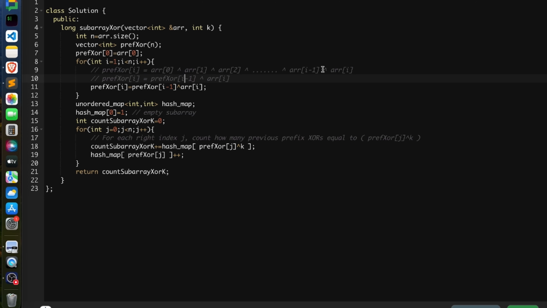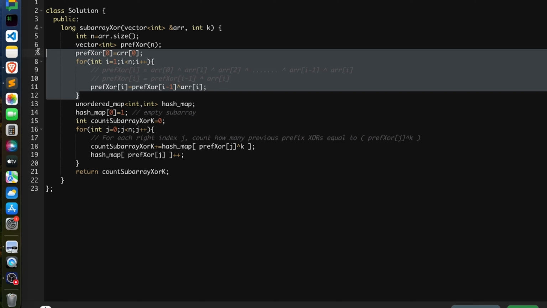If you observe it carefully, what is this? This is nothing but prefix XOR of i minus 1, the XOR of all the numbers from index 0 to i minus 1. That's exactly what I have done here. So prefix XOR of i is nothing but prefix XOR of i minus 1 XOR ARR of i. So till here you have built the prefix XOR.